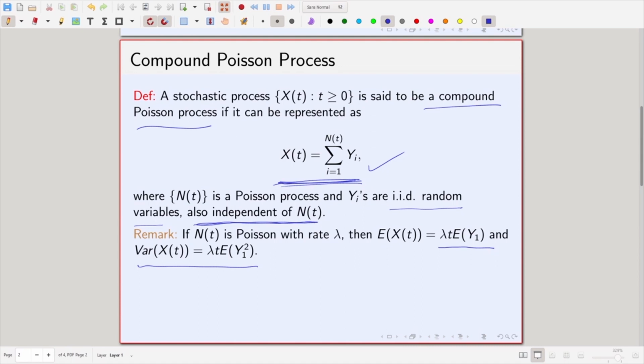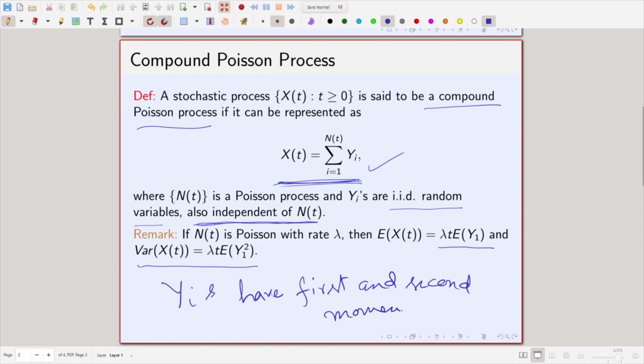Again we are assuming here that the Y_i's have mean and variance, or rather first and second moments, since only then can we talk about the mean and variance of X_t. Then these formulas are valid: the expectation of X_t is lambda t, which is the expectation of N_t, times expectation of Y_1, and the variance of X_t is again lambda t.